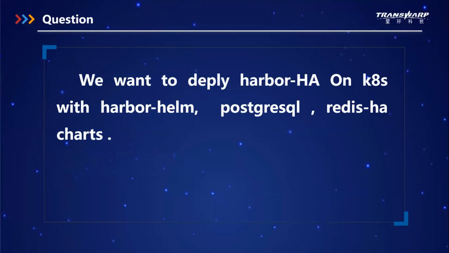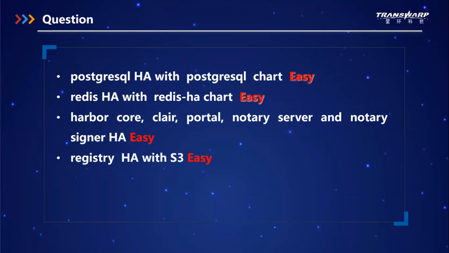We want to deploy Harbor HA on Kubernetes with the Harbor Helm chart, PostgreSQL charts, and Redis HA charts. We found PostgreSQL HA with the PostgreSQL chart is very easy. Redis HA on Kubernetes with the Redis HA chart is also very easy.